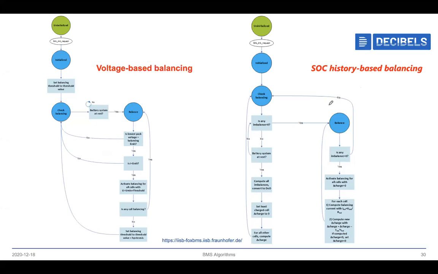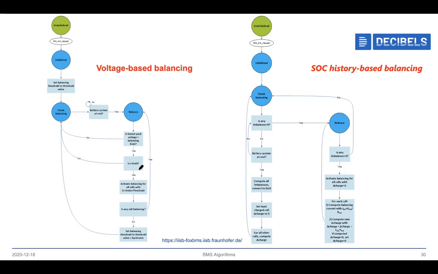Then the BMS checks whether the cells are balanced or not. If they are not balanced, it goes for balancing. For each iteration mentioned here, it calculates the voltage and checks it against the other cells. If it is okay, then it goes for checking the balancing. If that is okay, then it stops the balancing.